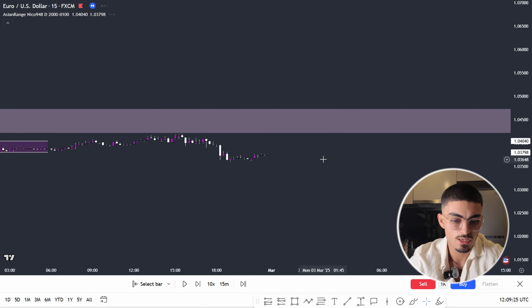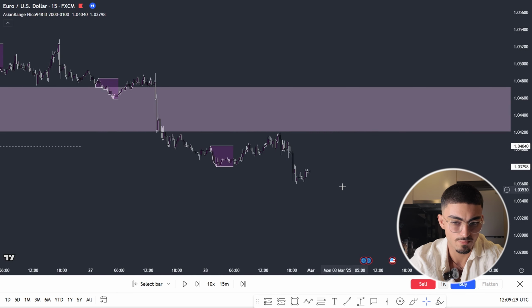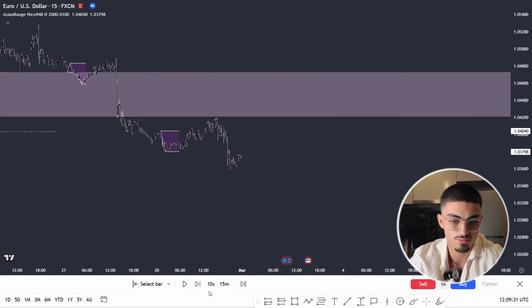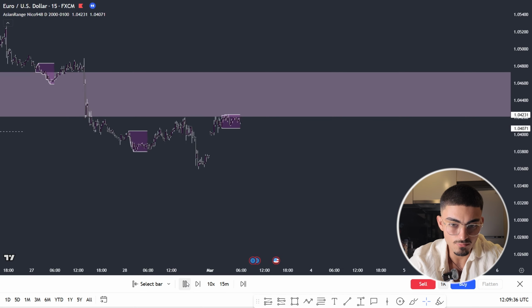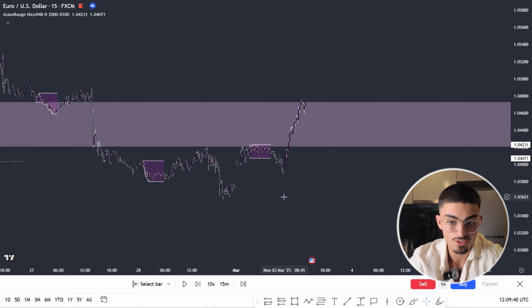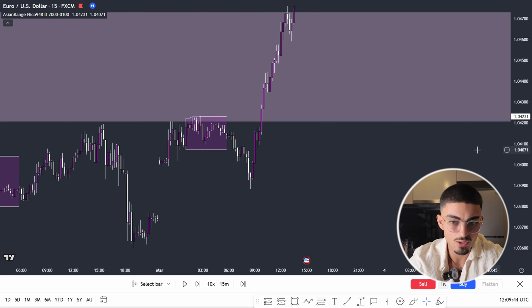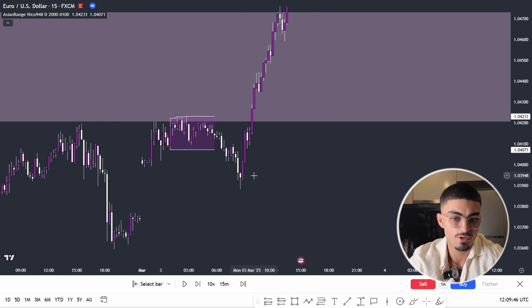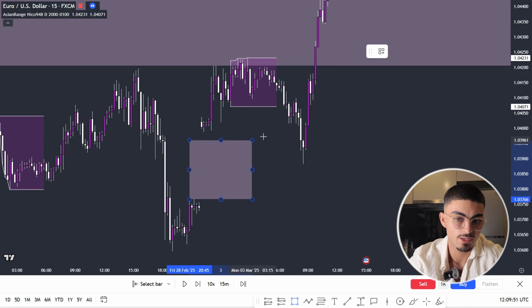Now, on the 15-minute chart, let's skip to Monday and show you guys what I was looking for. So when Monday came out, like I said, I was expecting price to go higher first. So as you can see, price did end up going higher, okay? Now, I didn't trade Monday simply for the reason that, as you can see, we had this big gap here on Monday, right?